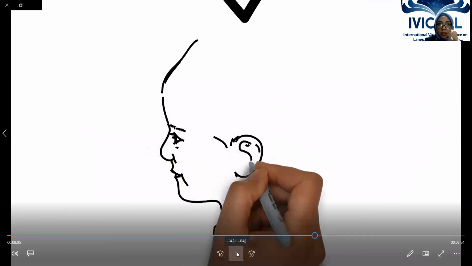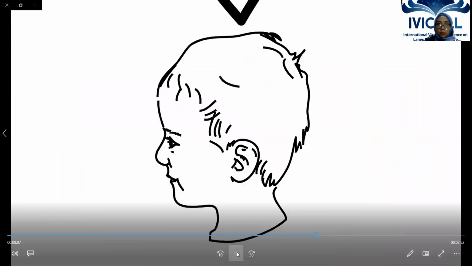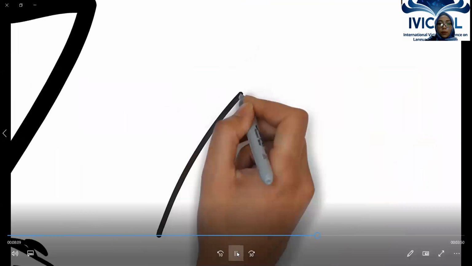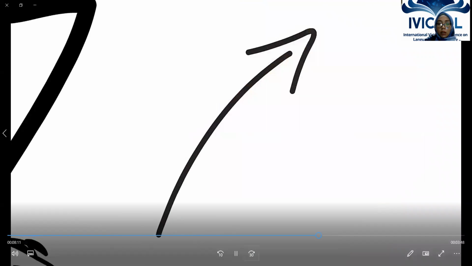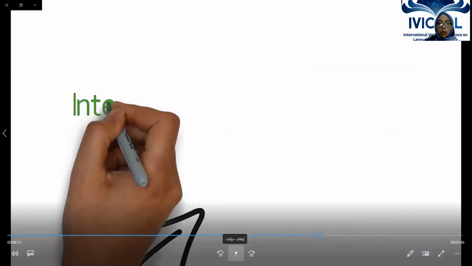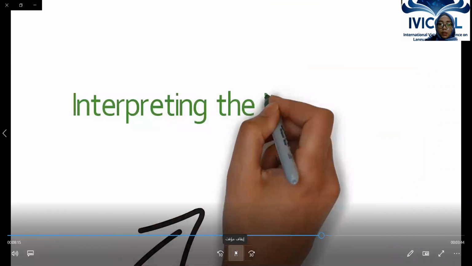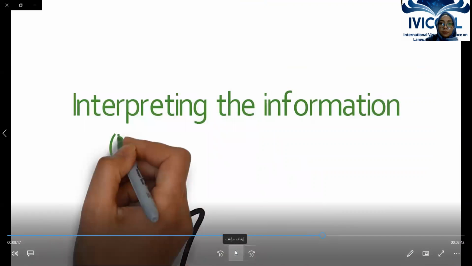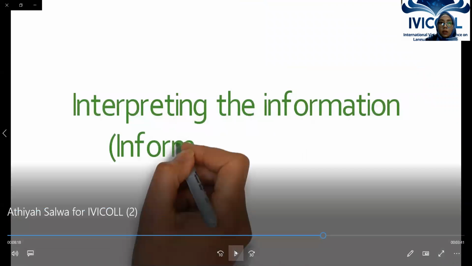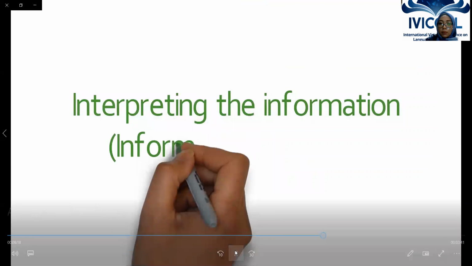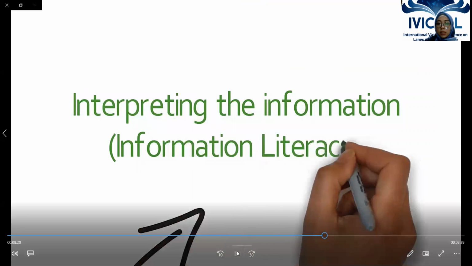In the first type that I explained already, students explore and interpret the information in the process of understanding, and this is called information literacy.